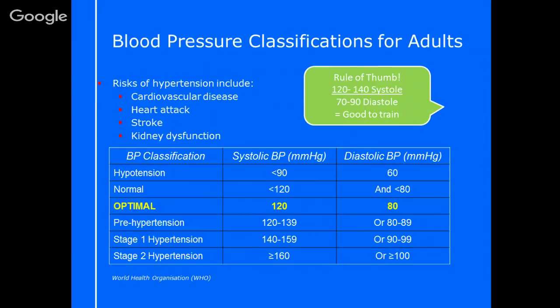So if, for example, their systolic blood pressure is, let's go with 125, but their diastolic is actually 95. Can you see how now that pushes them into stage 1 hypertension? Although systolic is in pre-hypertension, that says we can work with them.